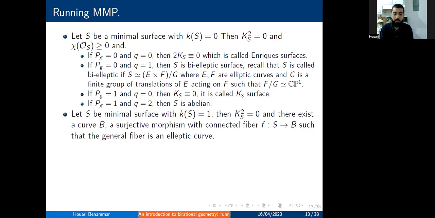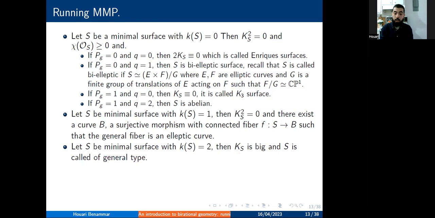So if S is a minimal surface with Kodaira dimension equal to 1, then the self-intersection of the canonical bundle is trivial, and this surface verifies nice properties. There exists a curve B and a surjective morphism with connected fibers, such that the general fiber is an elliptic curve.